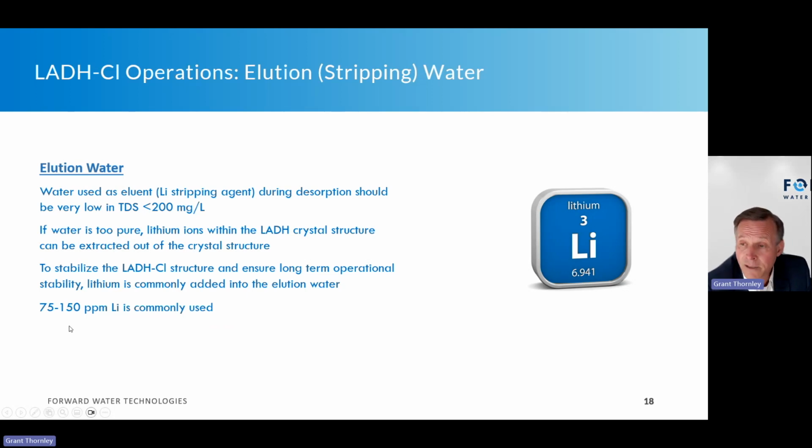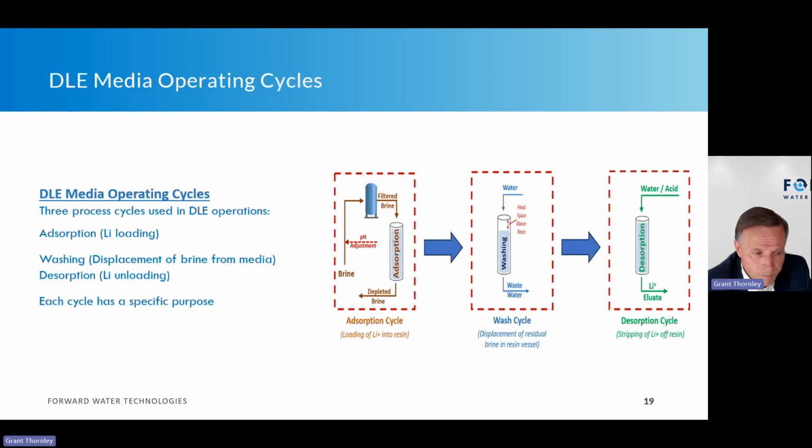So now you know. What are the DLE media processing cycles? Well, there are three, and this is common with all the aluminum sorbent materials. There's absorption, lithium loading. That means we run brine through the media, and lithium is extracted and loaded onto the media.